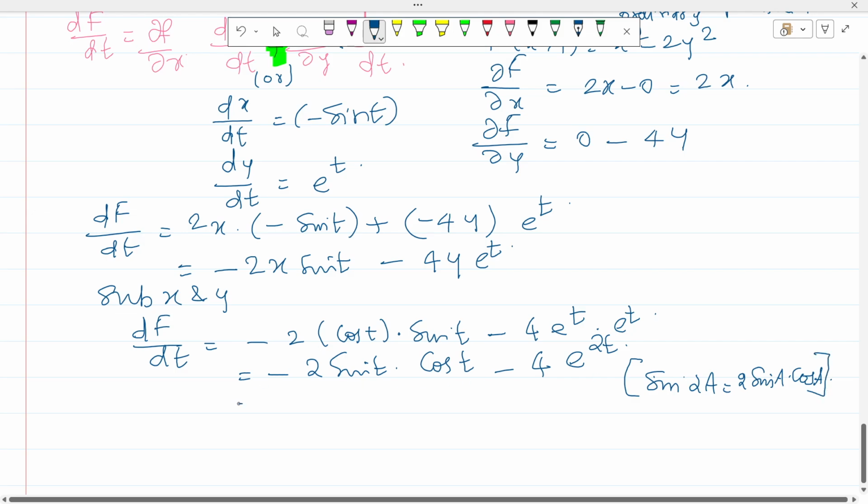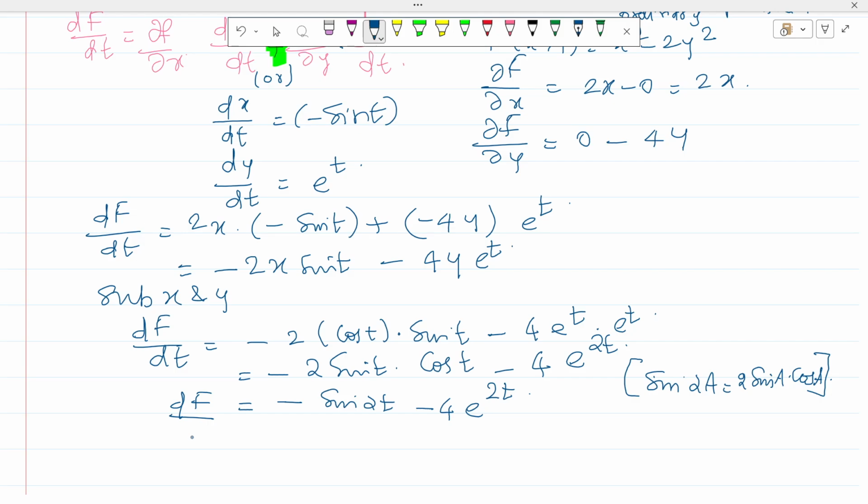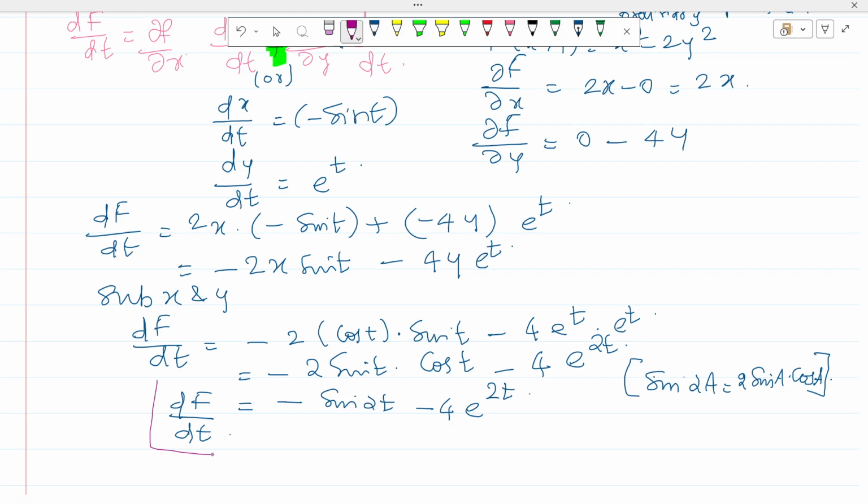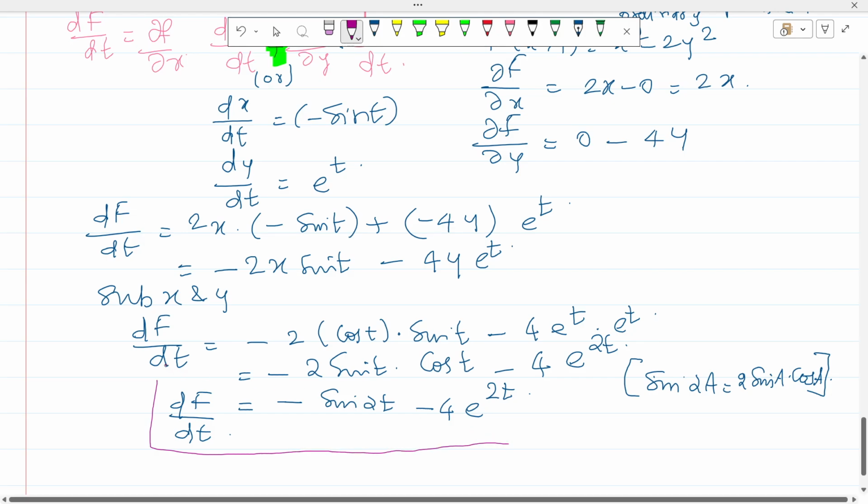Using this formula, we can write this as minus sin 2t minus 4 e power 2t. That is df by dt. This is the answer for this. Okay.